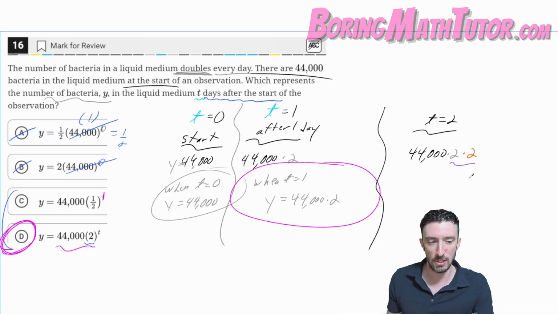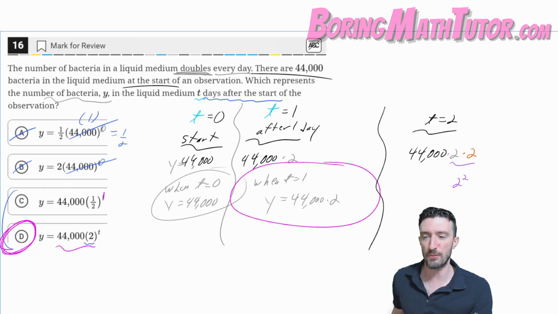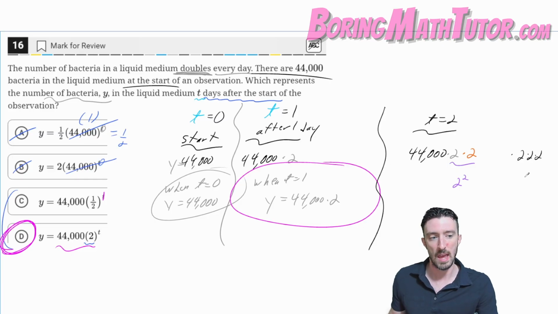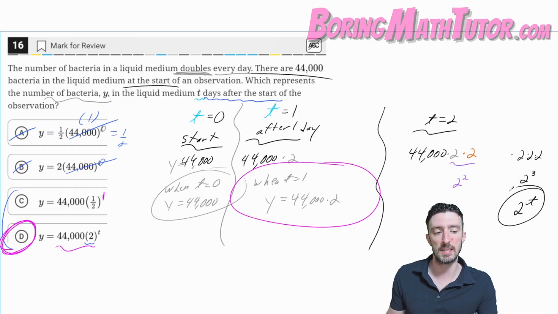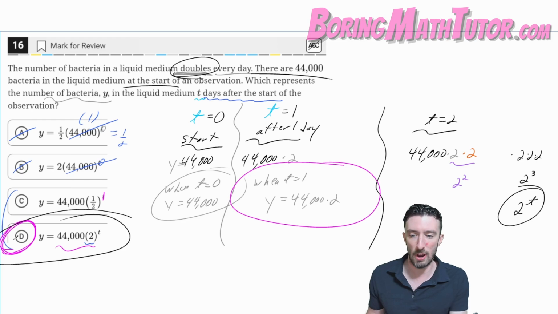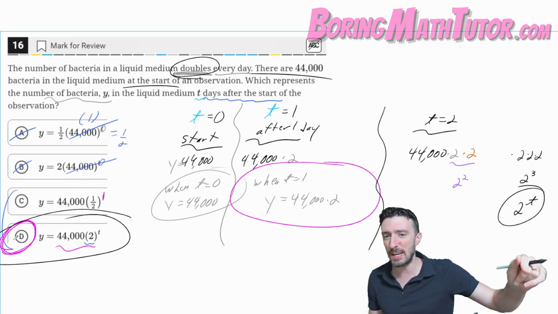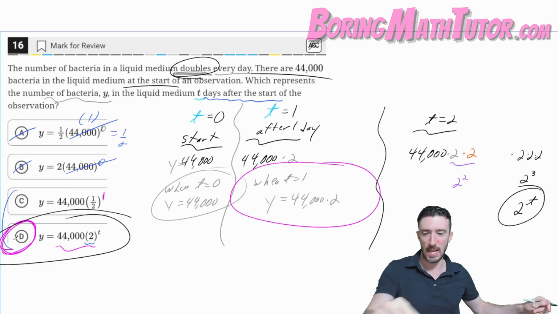And 2 times 2, I'm pretty sure that's 2 to the 2. In fact, if I would have done it one more time, there would have been a 2 times 2 times 2 at the end, and that would have been 2 to the 3. If I want to get general about that, it's 2 to the T. So if you see another doubling problem, you just go after the one that has the 2 to the T. I'm out of here. Have a nice day.